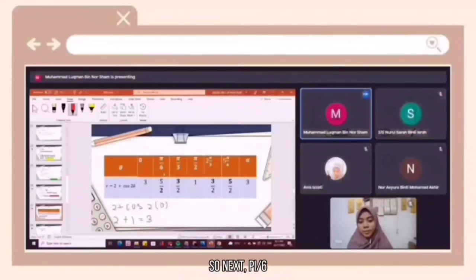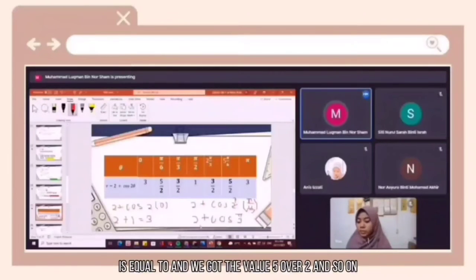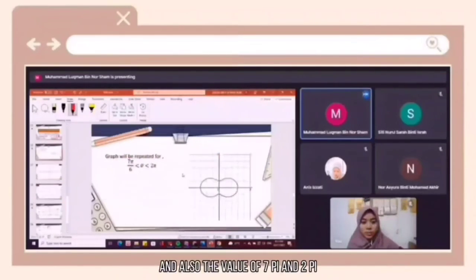Next, we try pi over 6. So we get 2 plus cos 2 times pi over 6, so 2 plus cos pi over 3, and we get the value 5 over 2, and so on, up to the value of pi.